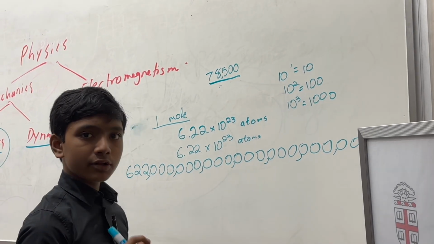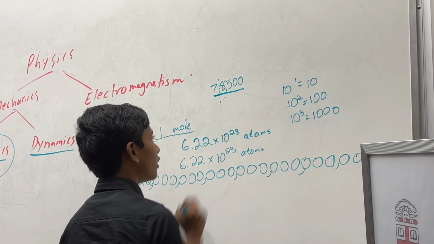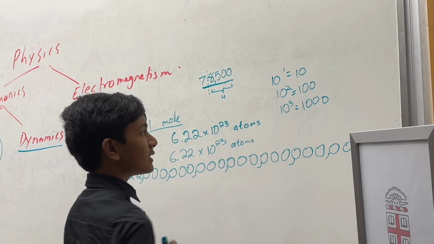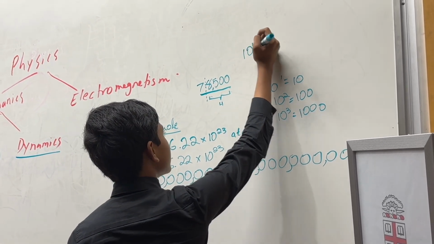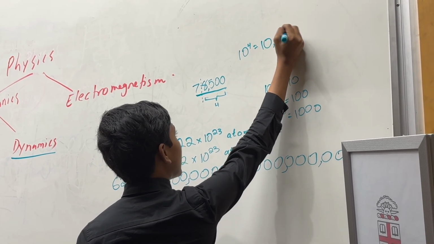So here's what we want to do. Essentially, we split off the first digit, and there were 4 digits after it, right? That means this is of the order of magnitude 10 to the 4. Of course, 10 to the 4 is equal to 10,000.